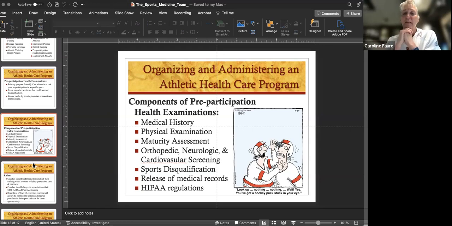Ideally, your PPE will consist of an EKG. I think we all got the scare of a lifetime when we watched Damar Hamlin go down in the Buffalo Bills game at Cincinnati. But just testing these kids' hearts and making sure that they're ready for that. I know that we've had multiple athletes here at the school that I had worked at be disqualified because of cardiovascular things. And really, it wasn't a disqualification.